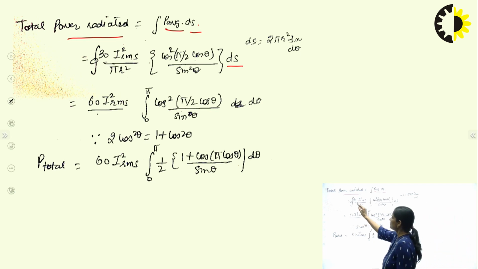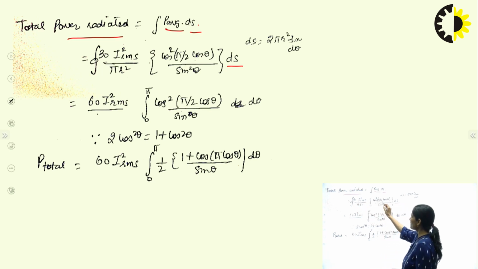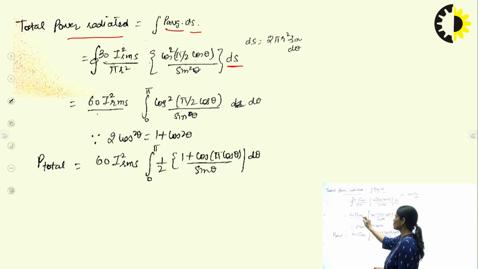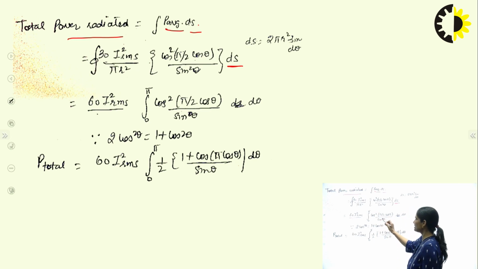Now this is a closed integral, 30 IRMS square upon pi r square, cos square(pi by 2 cos theta) upon sin square theta, into ds. Put the value of ds here. So 60 IRMS square integration 0 to pi cos square(pi by 2 cos theta) upon sin square theta d theta.